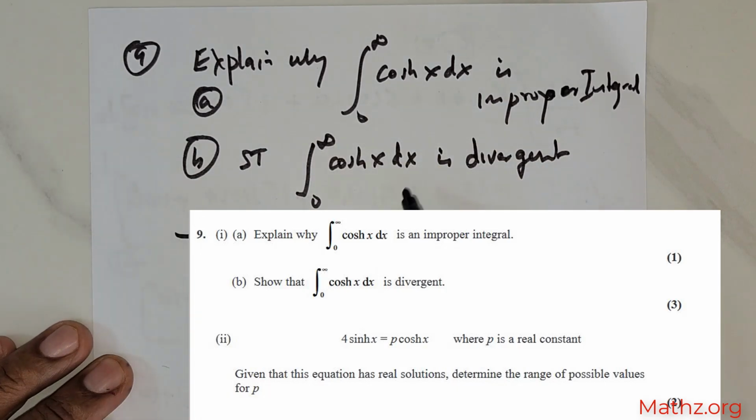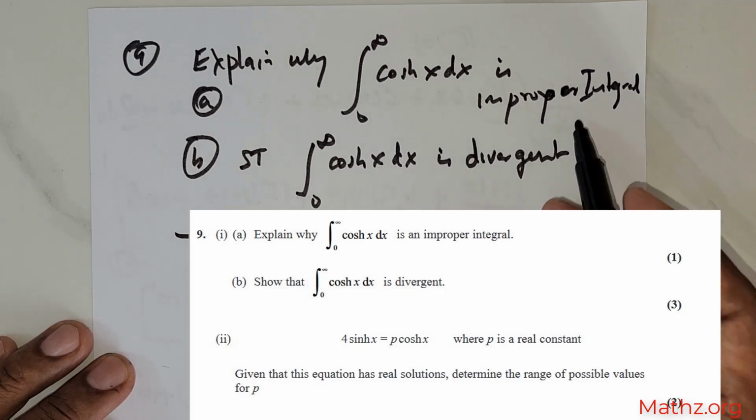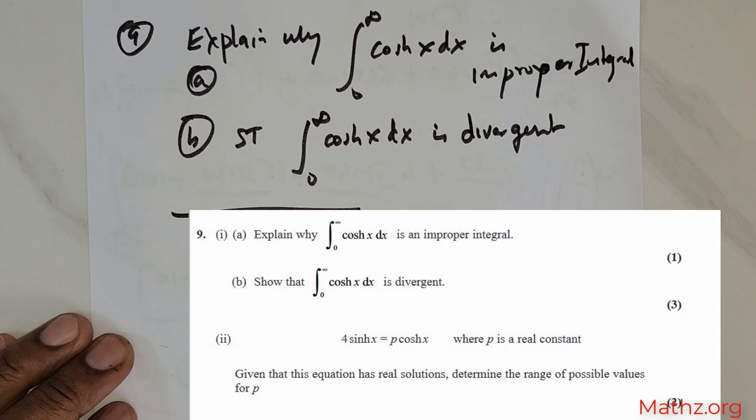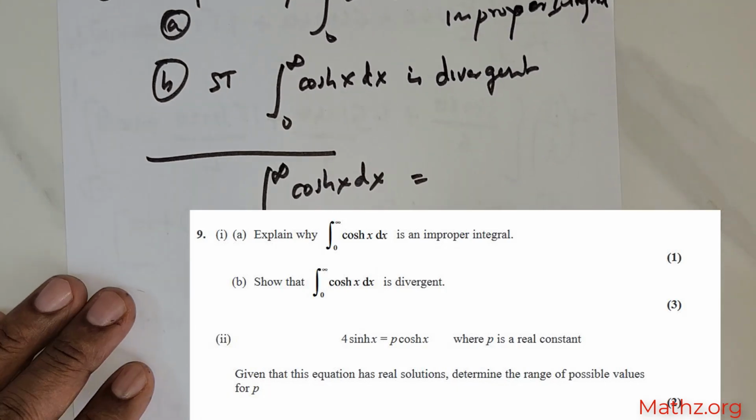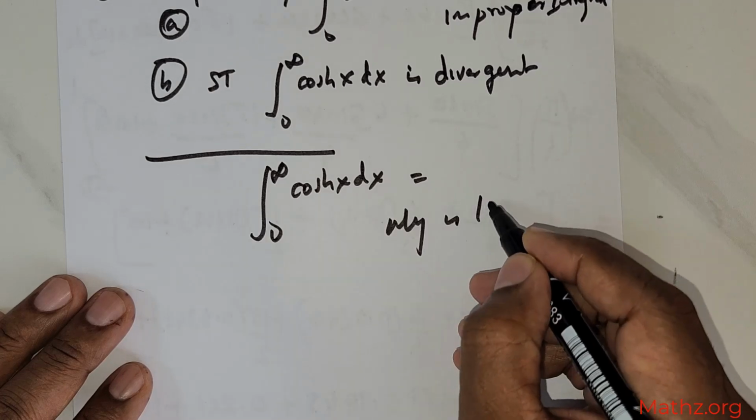Part A, we are asked to explain why integral 0 to infinity cos x dx is improper. Right, this is what is given. Why is it improper?